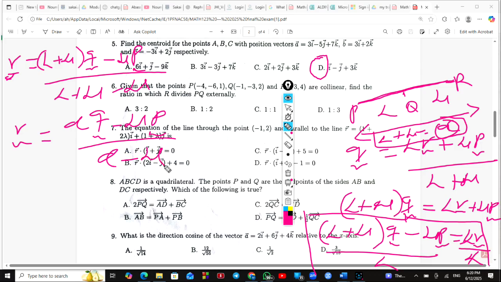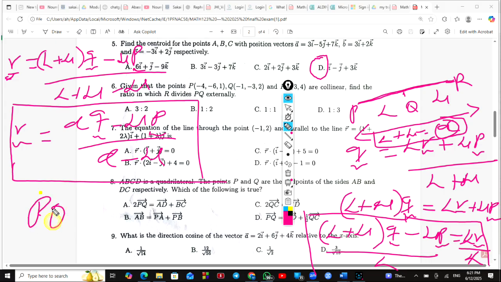So this now is our R. R is dividing PQ in the ratio alpha is to mu.